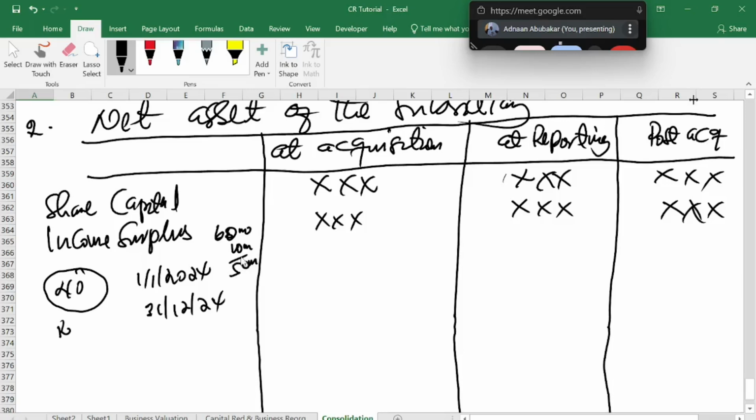So they will add the 40 million plus 50 will give you 90. You realize that when you acquire the company, the income surplus was 40, but at the end of the accounting year, the income surplus now is 90. So the difference will go as post acquisition profit. You understand? So that's how we report these things.